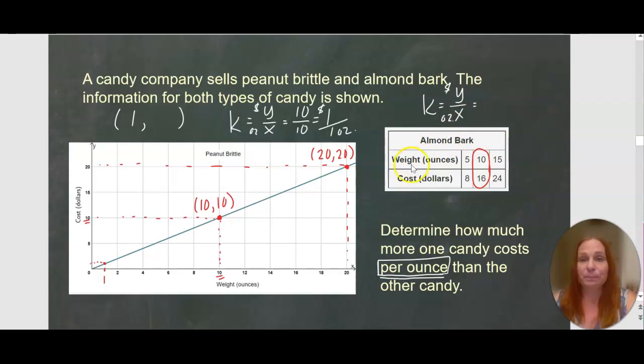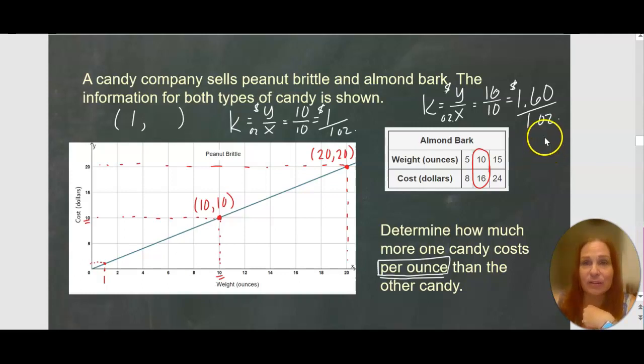So I'm going to do y, which is 16, divided by 10. And when we divide by 10, we just move the decimal point back 1. So that's 1.6. Now remember, this is money, right? So that's going to be $1.60 for 1 ounce.